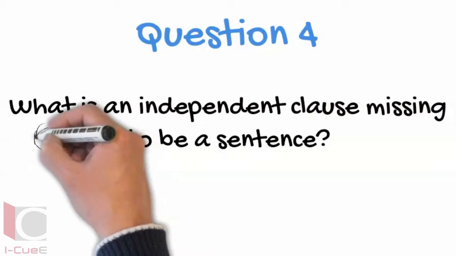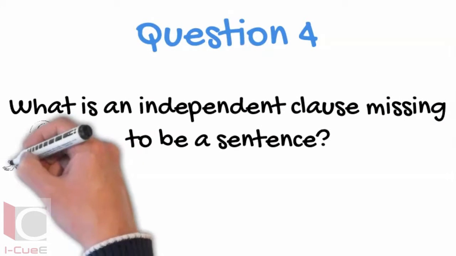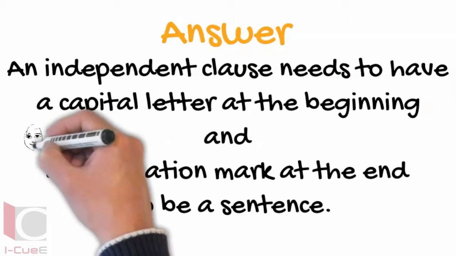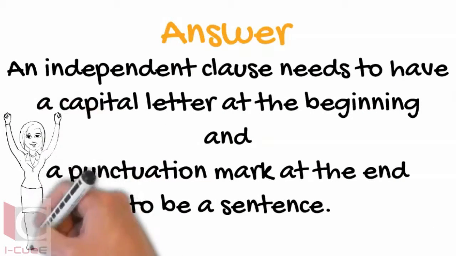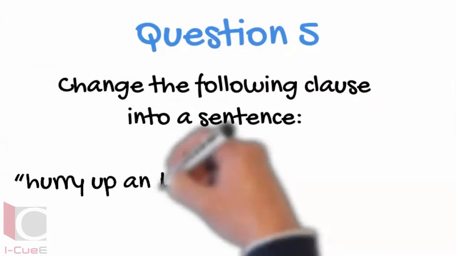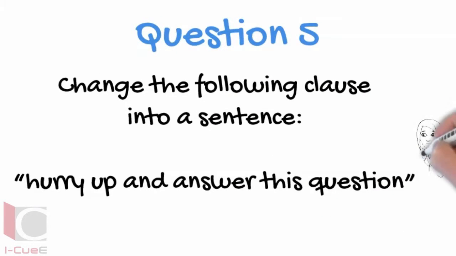What is an independent clause missing to be a sentence? An independent clause needs to have a capital letter at the beginning and a punctuation mark at the end to be a sentence. Change the following clause into a sentence.